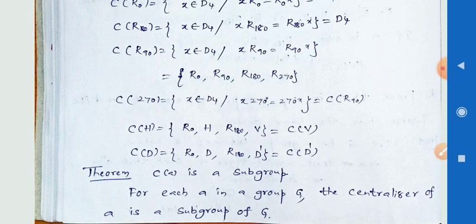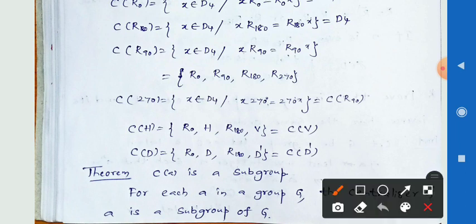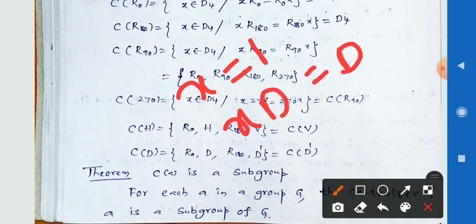If we take R90, x into d is equal to d into x.